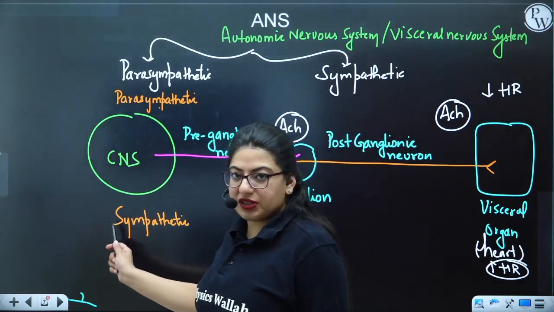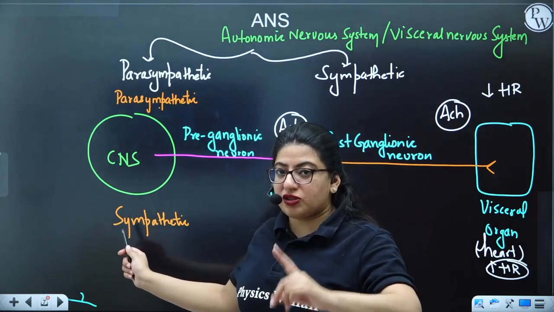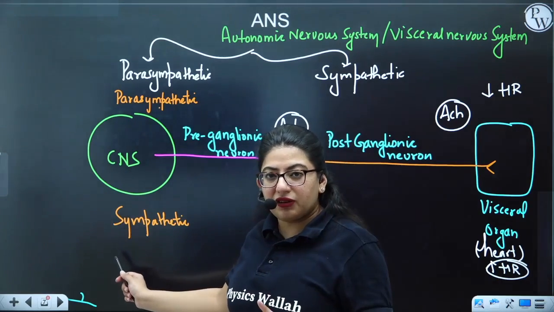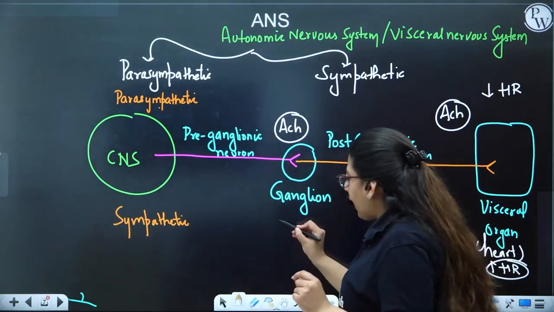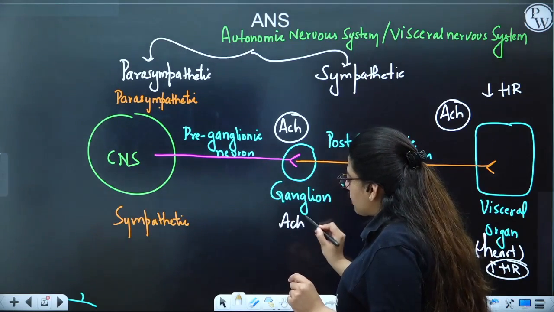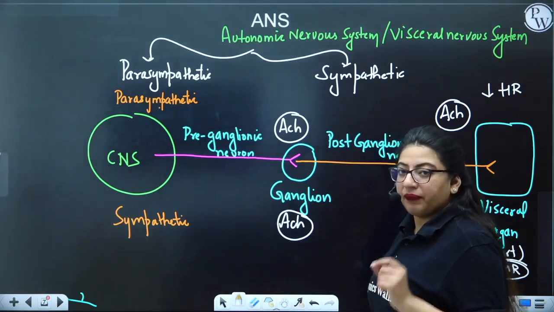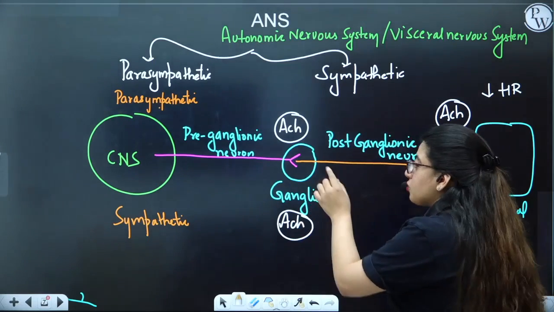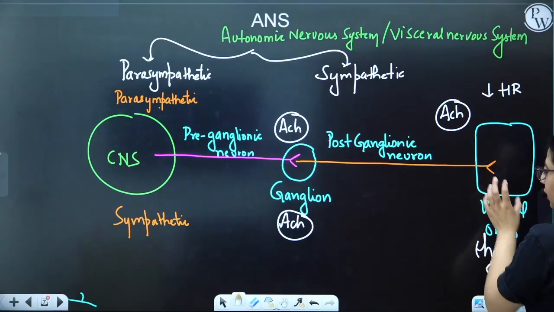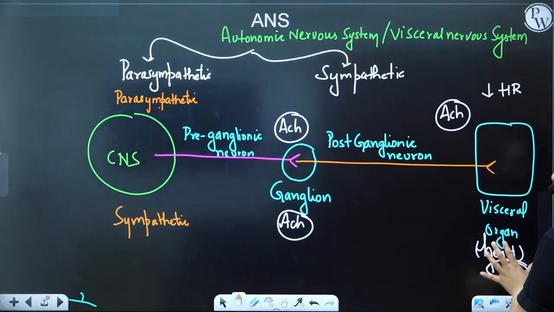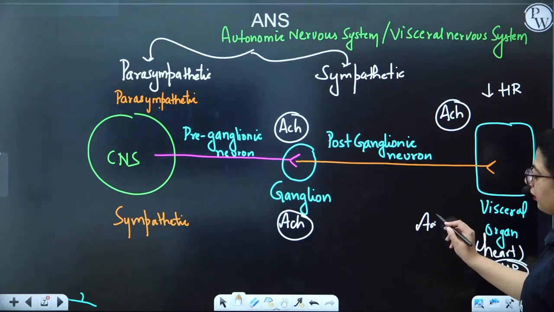From the central nervous system, because the brain has judged the information as flight and fight, the sympathetic nervous system will start, which will send information to its ganglion, and the neurotransmitter released here will be acetylcholine. Now this acetylcholine has triggered this neuron, and information is going to the heart, and here the neurotransmitter released will be adrenaline.